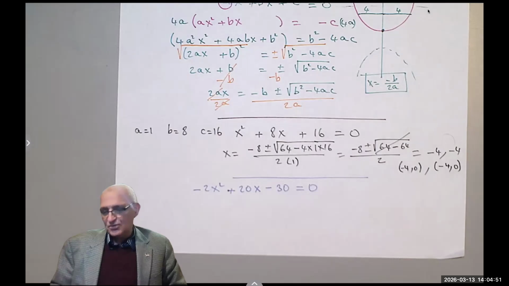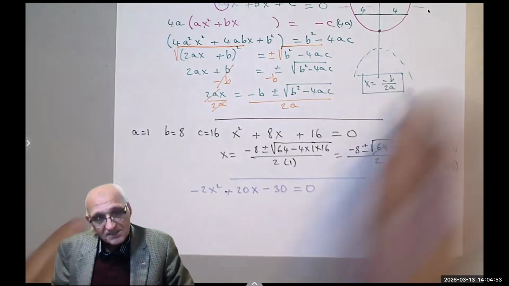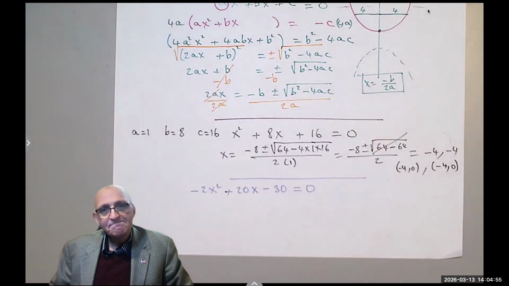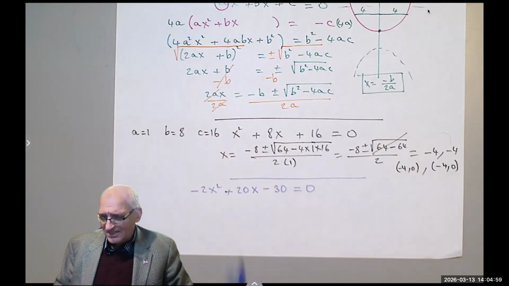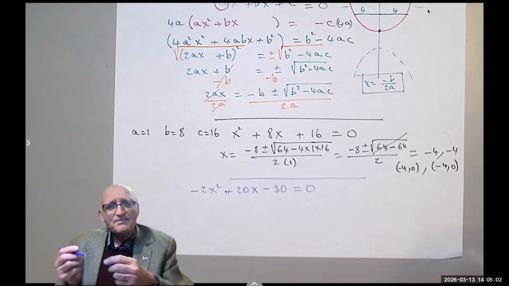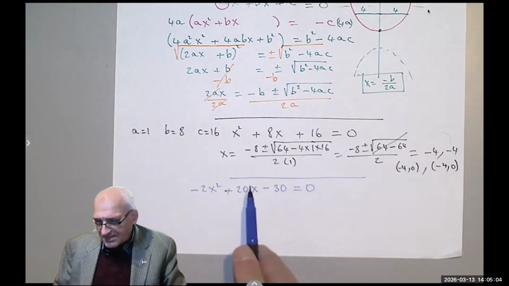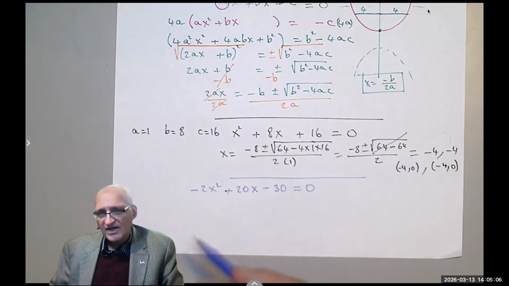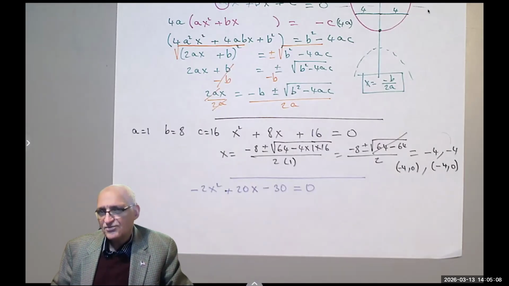And someone will say, oh, that's a parabola opening down. Yes, absolutely. But you learned in math that if you have an equation equal to 0, you can simplify. I see that all these numbers are even, so I can divide by 2 and it's the same graph.